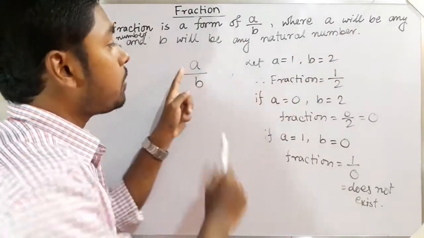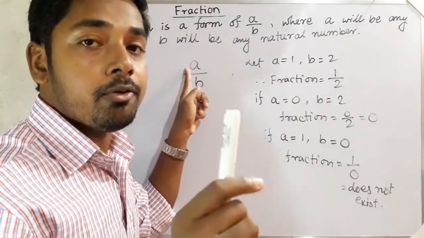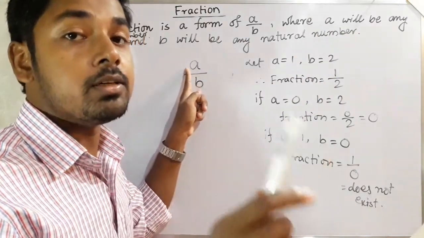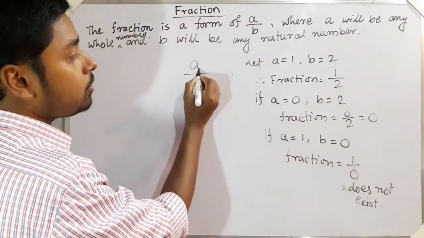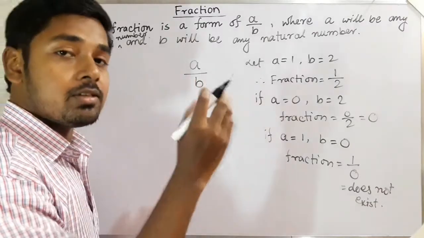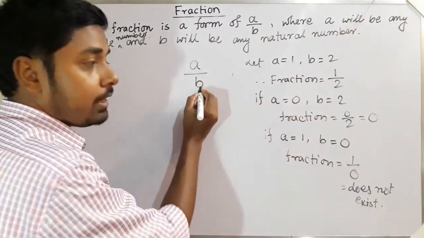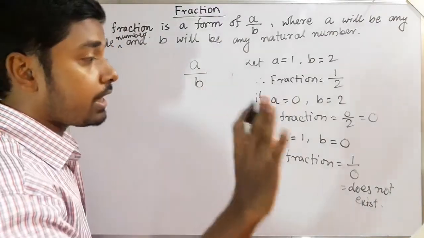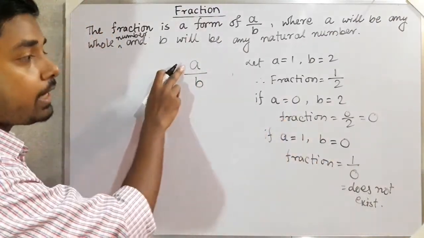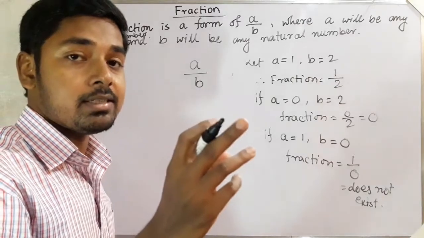Any whole number means the value of a starts with 0. So the value of a you can take as 0, but the value of b you cannot take 0.